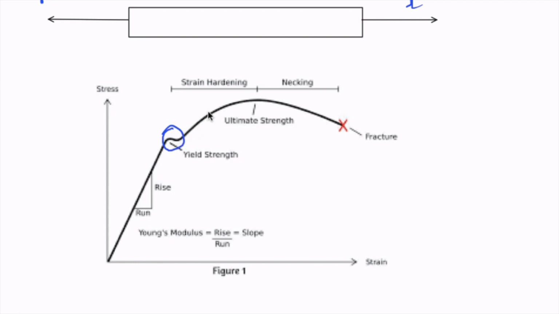After that yield point, when you release the loading, it will not regain its original shape. That means the point of yielding is considered the limiting factor. After yield, the material changes its shape and cannot serve the purpose. So for any static load condition, we can consider yield as a limiting factor.